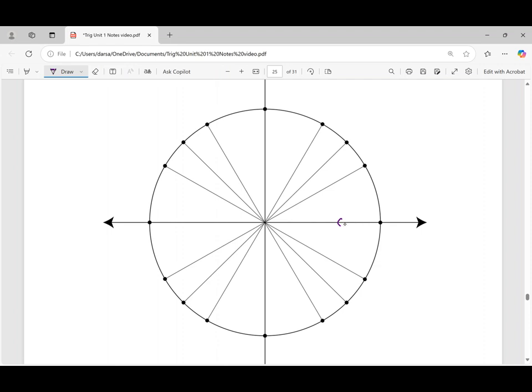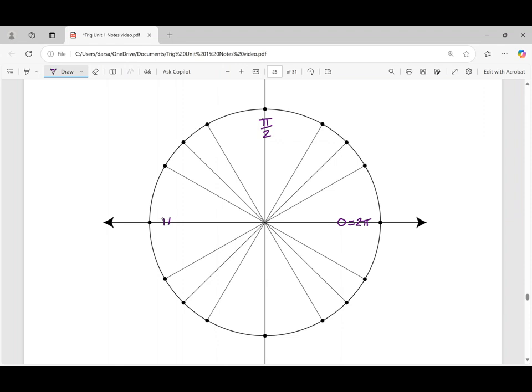So this first angle at the beginning on the positive x-axis is either 0 radians or 2 pi radians. Then if we go straight up, that's our 90-degree angle or our pi over 2 angle. I also find it very helpful to quickly do the other two x and y axis angles.